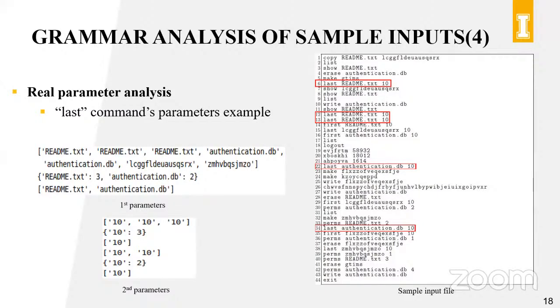For example, we have the last command here in line 6: last, then we have two parameters, readme.txt and 10. We extract these parameters, the first parameter, then we count them, and if the count exceeds 10% of the total count of the command last, then we consider it a real parameter.